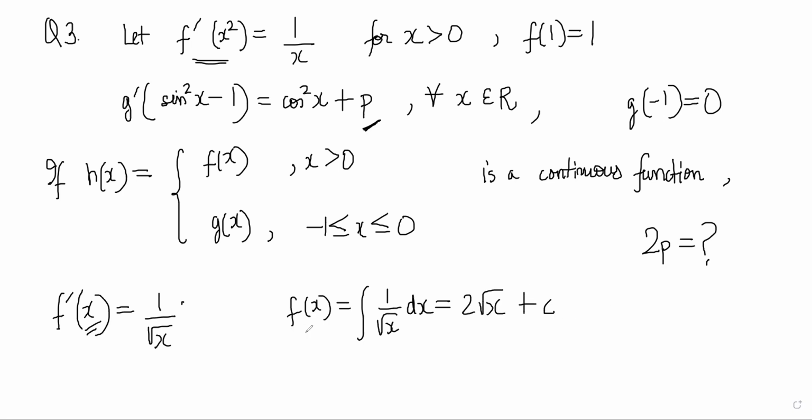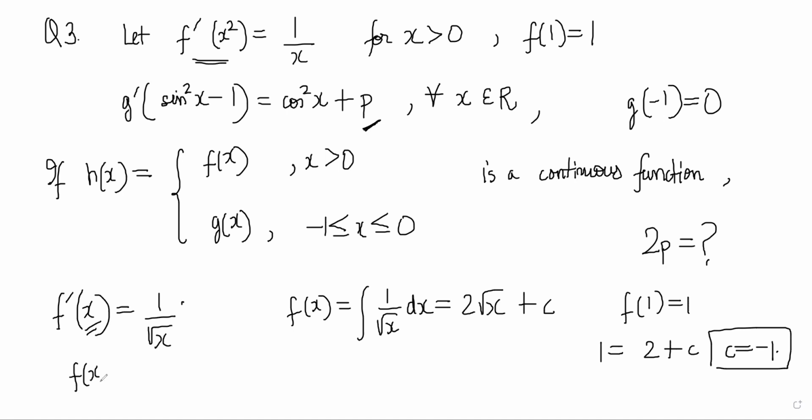And f of 1 is 1. So you'll get f of 1 is 1, which implies 1 is equal to 2 plus c. So c is equal to minus 1, right? So my f of x function is coming out to be 2 root x minus 1.